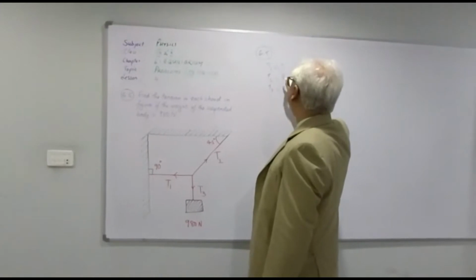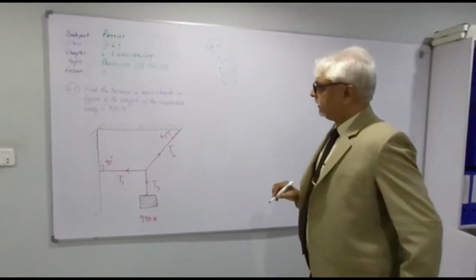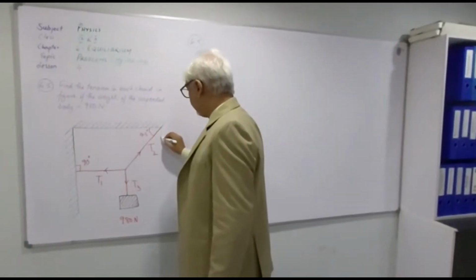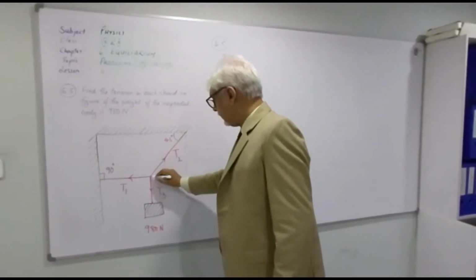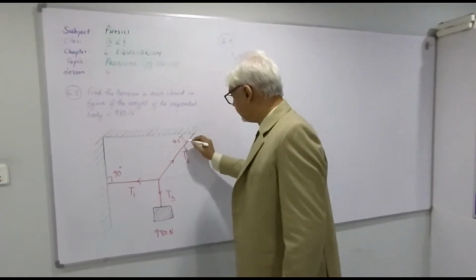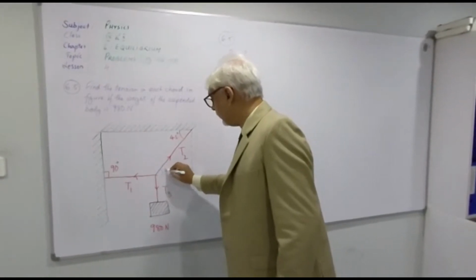So the three tensions are these. If I drop a perpendicular over here, you will see that if this is 45, then this too will be making 45 degrees.